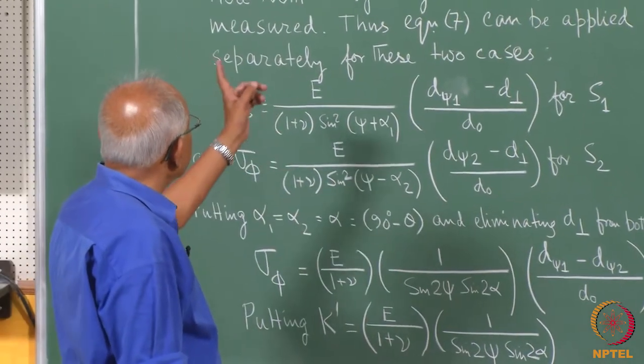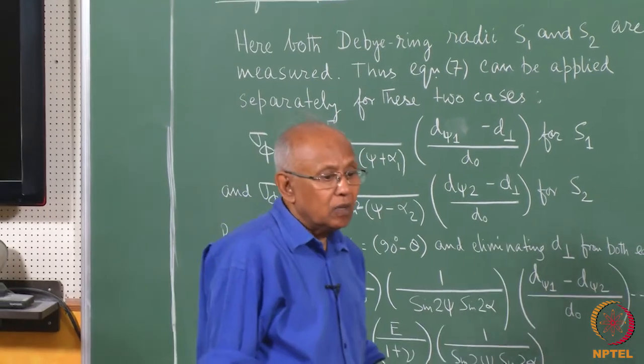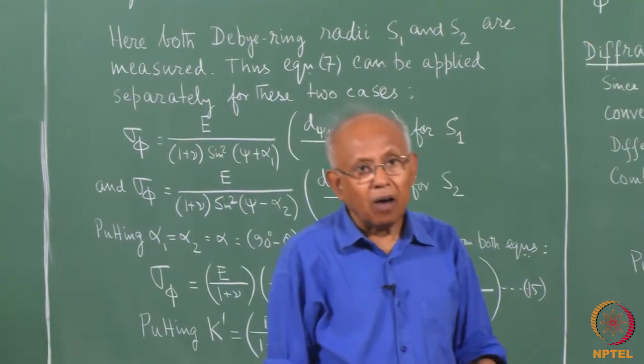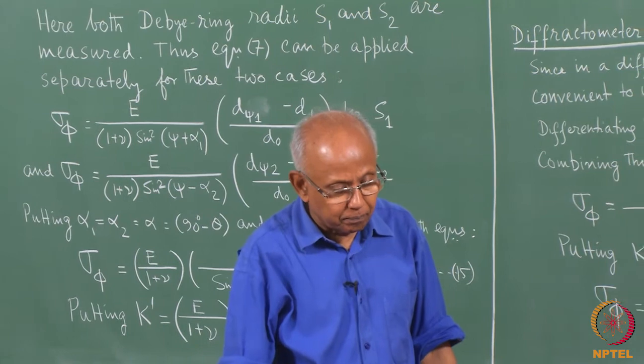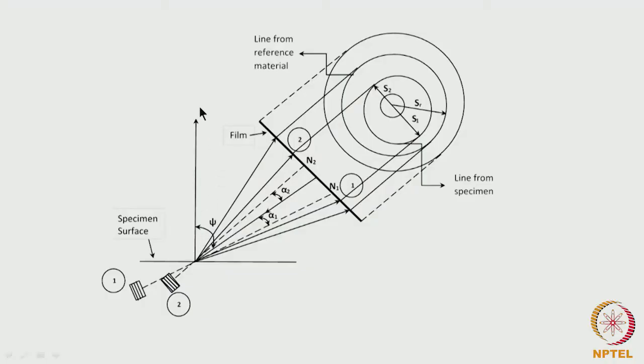Now, in the single exposure method, we get rid of the pinhole photograph using the normal incidence of X-rays. So, if this is the specimen surface, in the single exposure method, we do not use the normal incidence of X-rays, but instead we have only one pinhole photograph using the inclined incidence of X-rays.